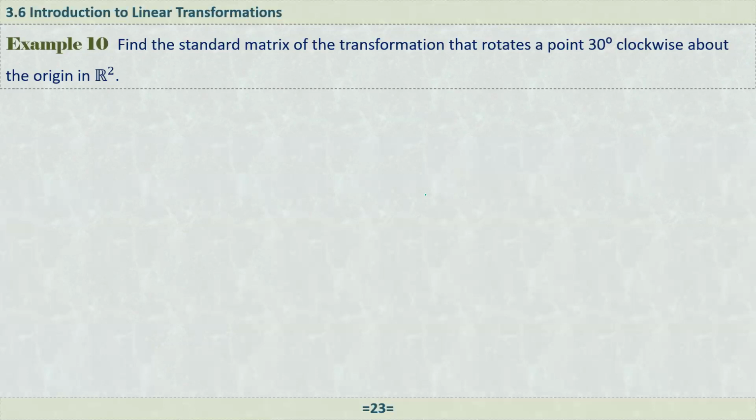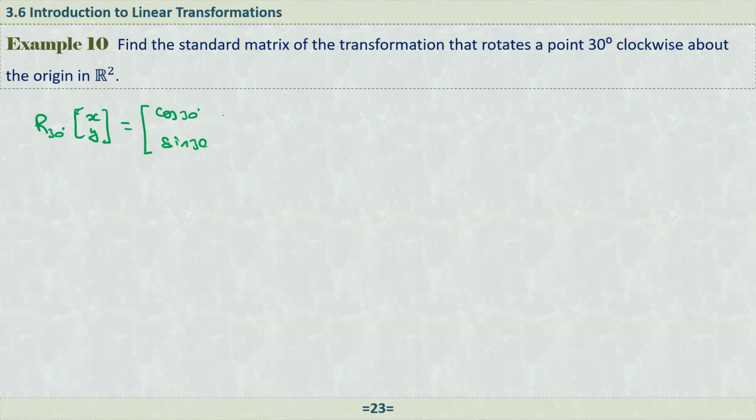Number one is we know the rotation of 30 degrees, I mean the standard matrix. Let me just write here. It is X and Y. What is it? If you remember this, it's just this matrix. It is cosine of 30 and sine of 30.